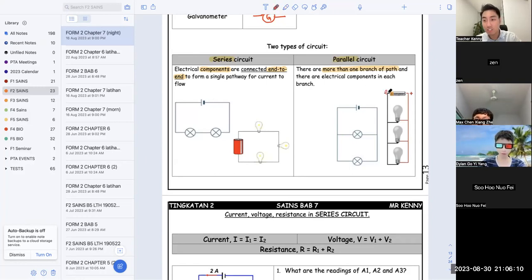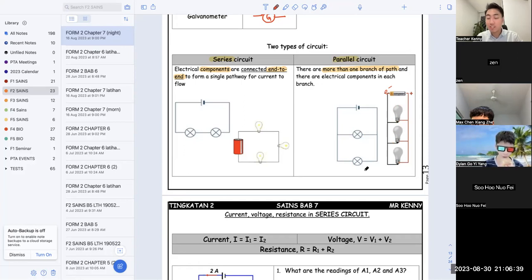So imagine if this is us, electrons. These electrons, they can move. Let's say Dylan moves. Dylan can choose to enter into this path, or the next round, Dylan can choose to enter the second path. Understand? So there's more than one path for you to go through. And every path, you will have one electrical component.